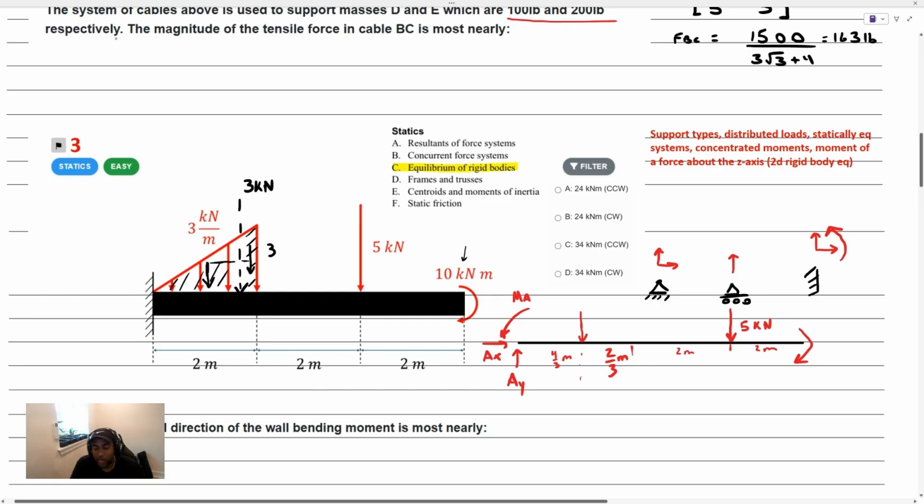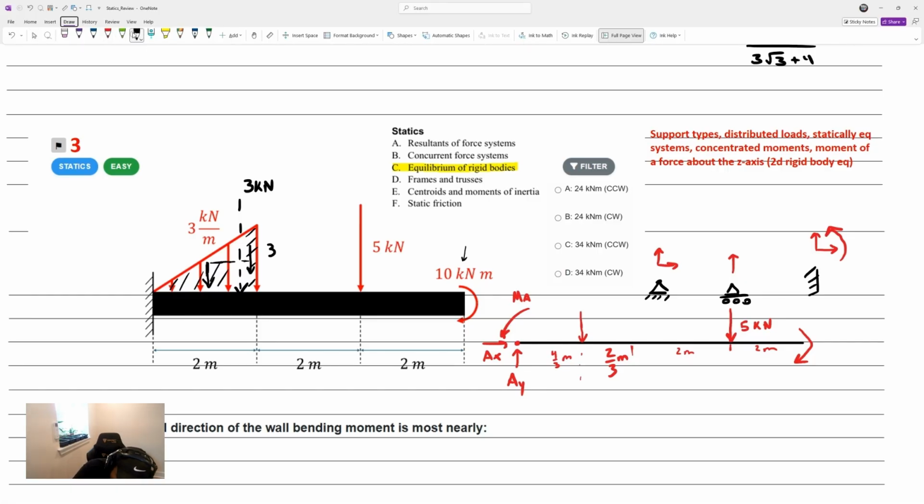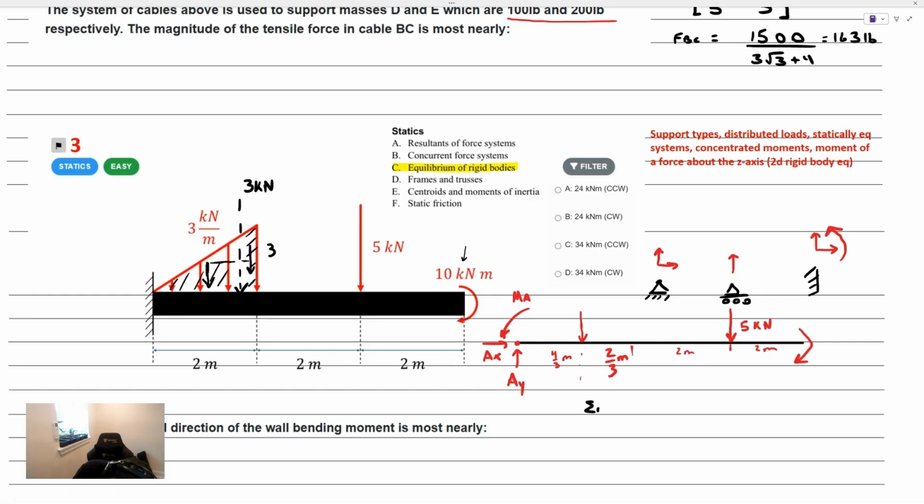Okay, so the easiest way to find that moment at the left side reaction is we're going to sum the moments at point A. And when you sum a moment about a point, all the forces intersecting that point produce a zero valued moment because they have a zero valued moment arm. If you sum the moments about that left point here, we'll be writing the sum of the moments about point A, which is that left side wall, must be equal to 0.